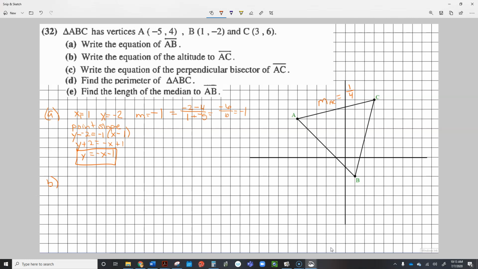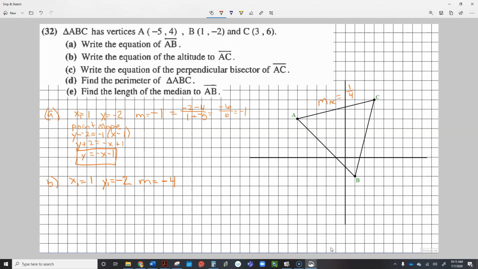And I'm going to be using the point B. So again, my x1 is going to be 1. My y1 is going to be -2. That's my point. And then this time, my slope is going to be the slope that's perpendicular to this one. And perpendicular to 1/4 is -4. So you flip this upside down and you change the sign.